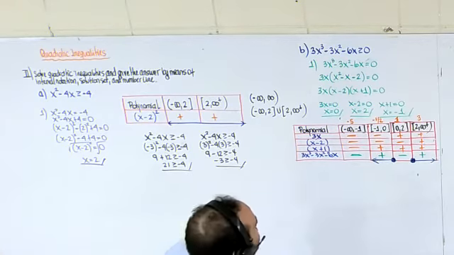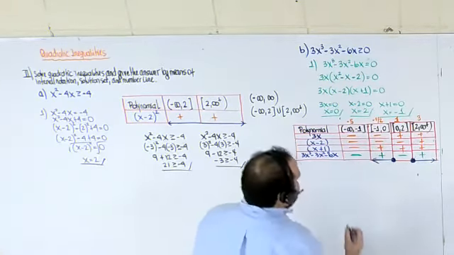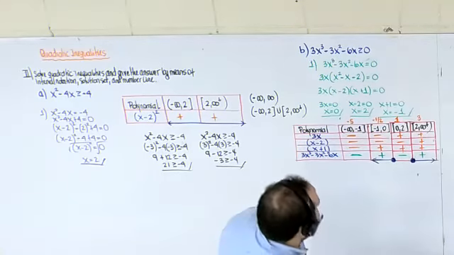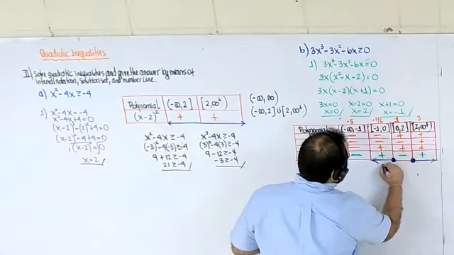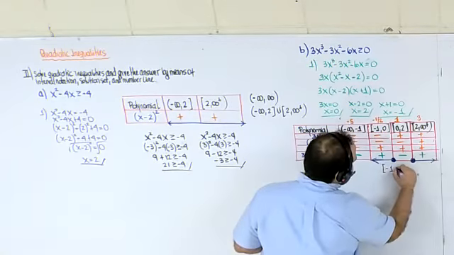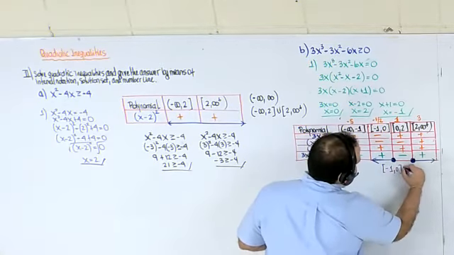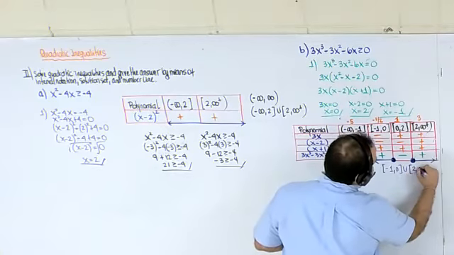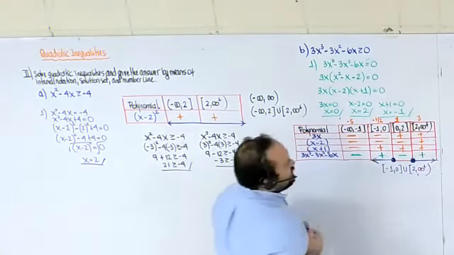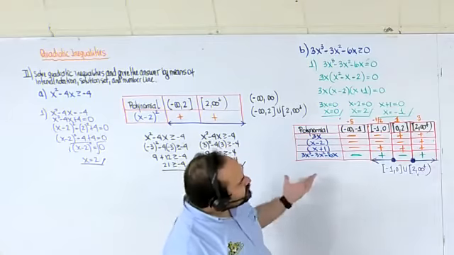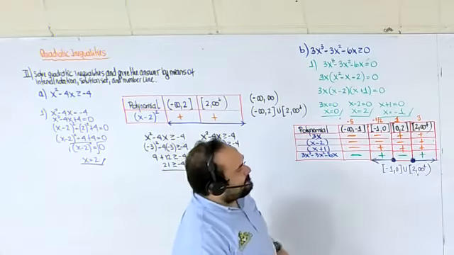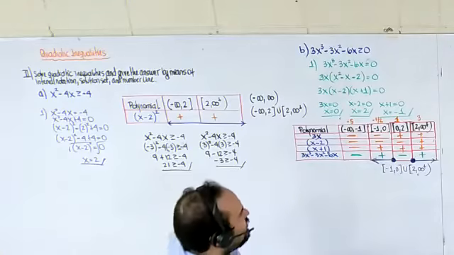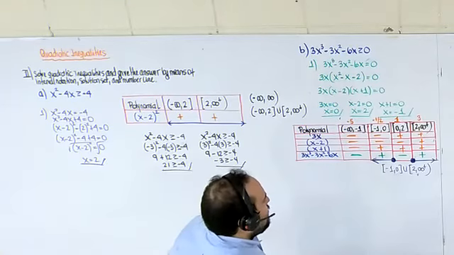This is going to be the number line. And if you want to provide the interval notation, the interval notation will be the union between -1, 0, union 2 with positive infinite. Why do you put the circles?